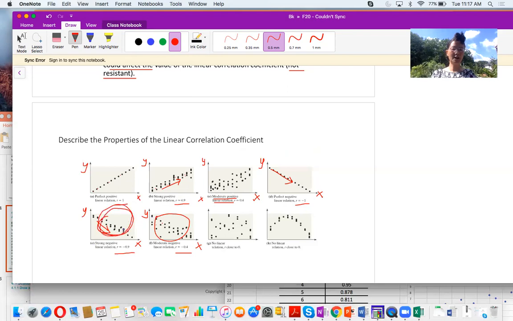This one is stronger, and this one is moderate. And this one, if you have r close to 0, non-linear relationship. Maybe have other relationship. Again, this one is also r close to 0, no linear relationship, but may have a parabola, okay, quadratic relationship.